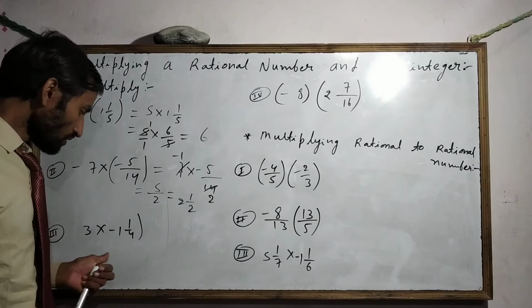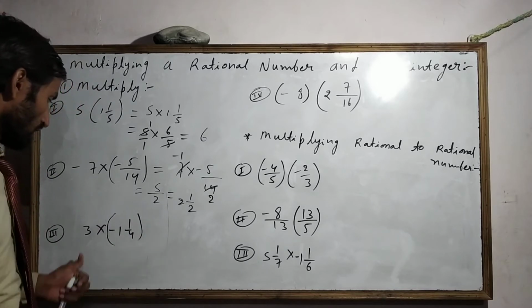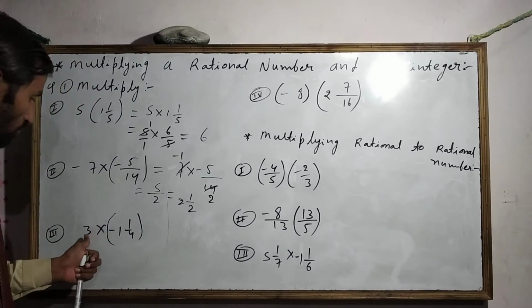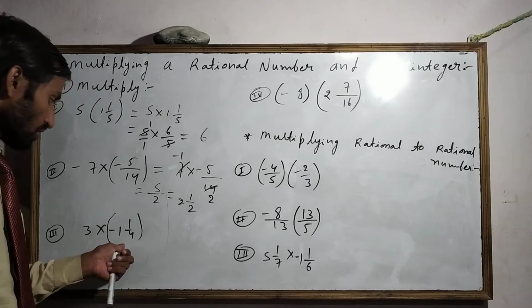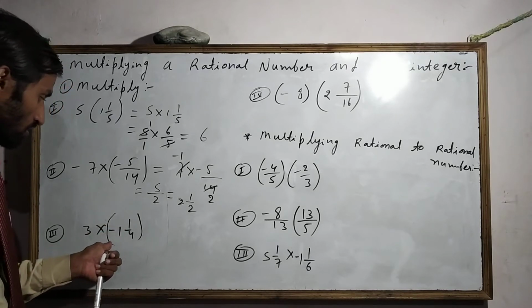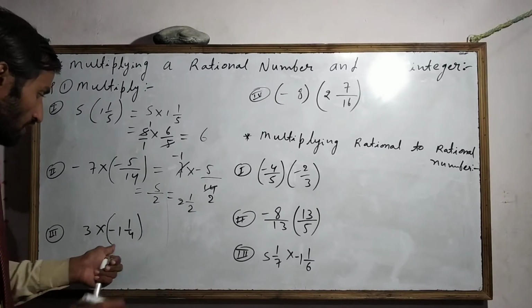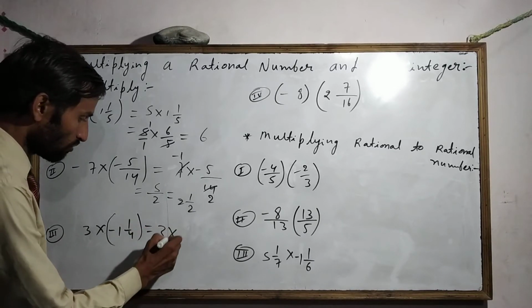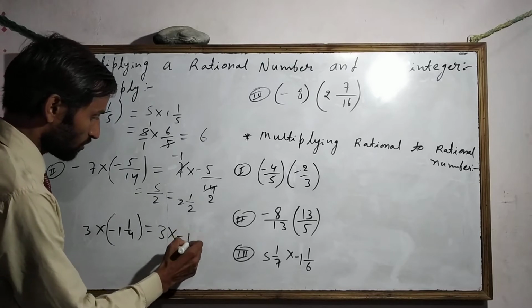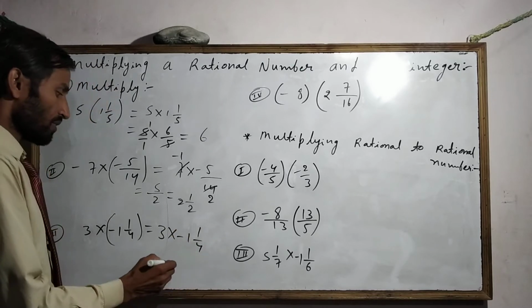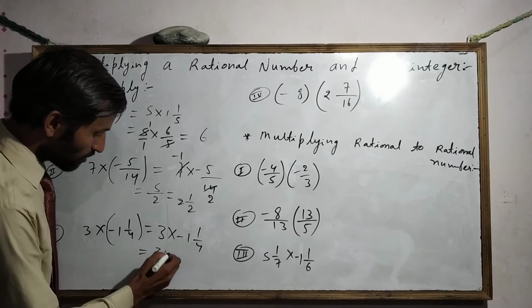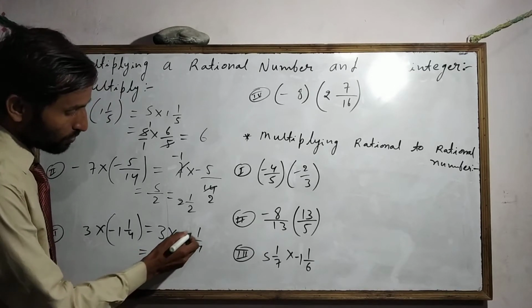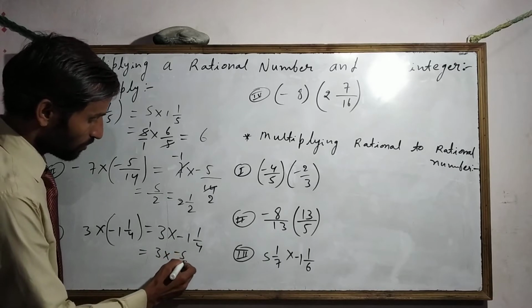Next, this one is also one. The first, the integer, is positive and the rational number is given negative. Again, first of all remove the small bracket. Then it will come 3 into minus 1 whole 1 upon 4. After that remove the mixed fraction. So it will come 3 into 4 1 is 4 plus 1, 5, minus 5 upon 4.